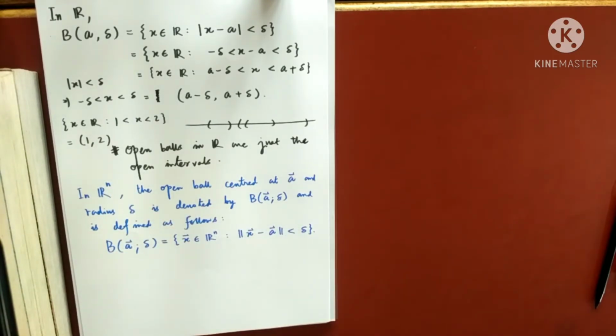But we are mostly interested in R2 and R3. That is the reason I explained what I mean by open balls in R2 and R3. Beyond that, we cannot visualize or draw the figures, but we have the same notion. So am I clear about open balls, right?